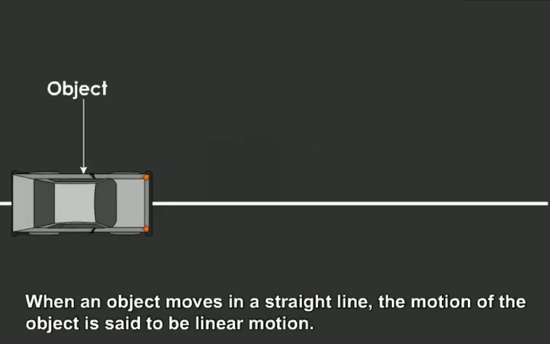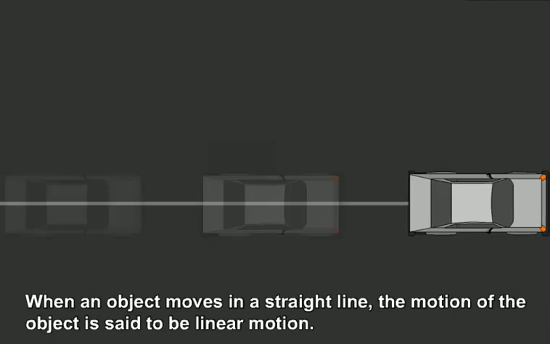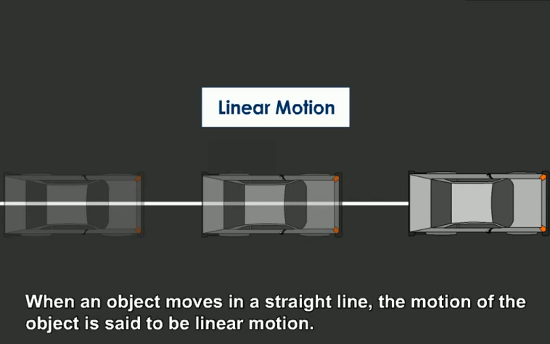Students, when an object moves in a straight line, the motion of the object is said to be linear motion.